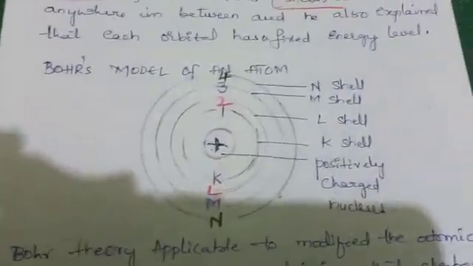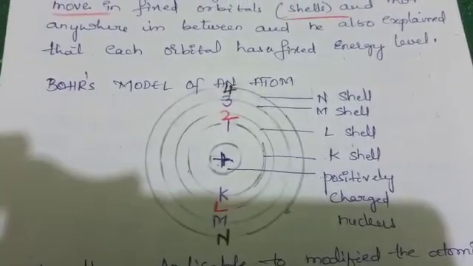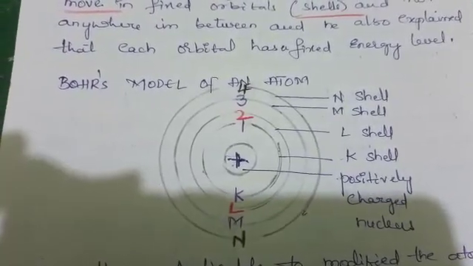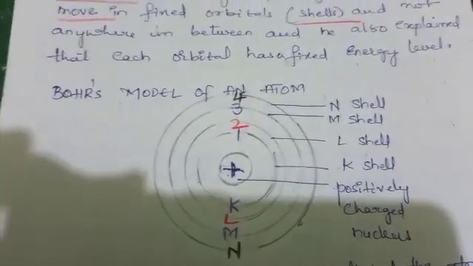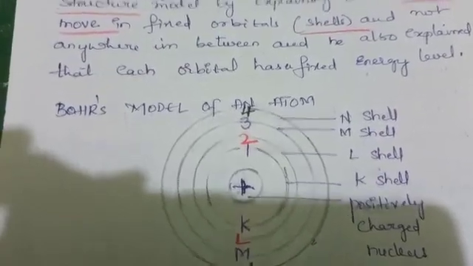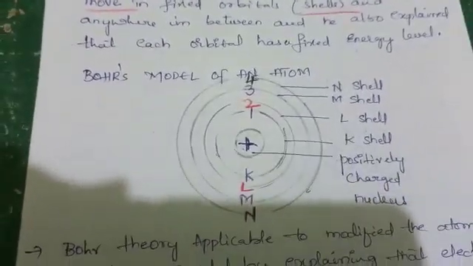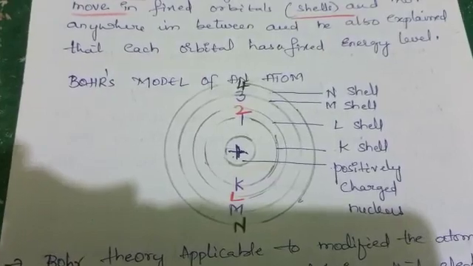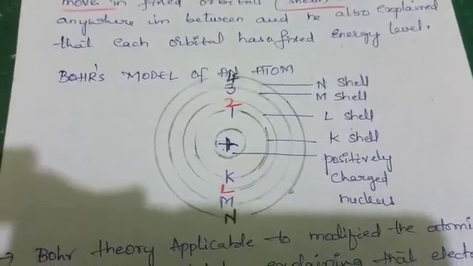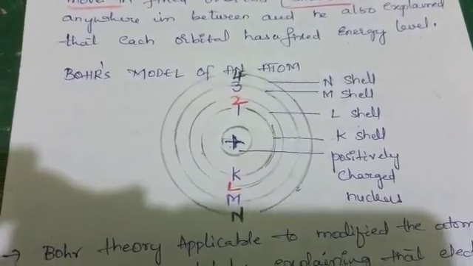You see this diagram here, Bohr's model of an atom. There are four shells, that is 1, 2, 3, 4, and they are also called K, L, M shells. At the center we have a positively charged nucleus.